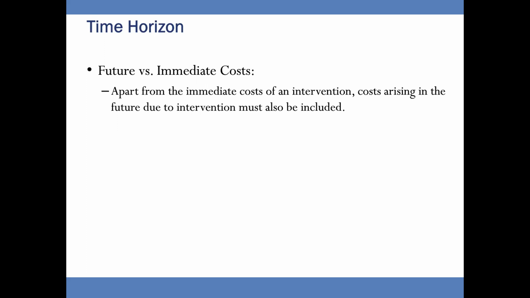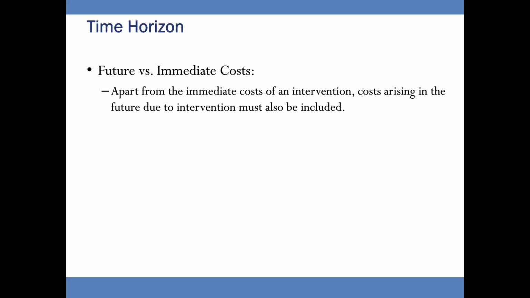Instead, you always need to consider the cost and effectiveness of the intervention down the road. The reason for this is that there are often interventions that cost a lot immediately and in the short term, but only generate benefits in the long term.